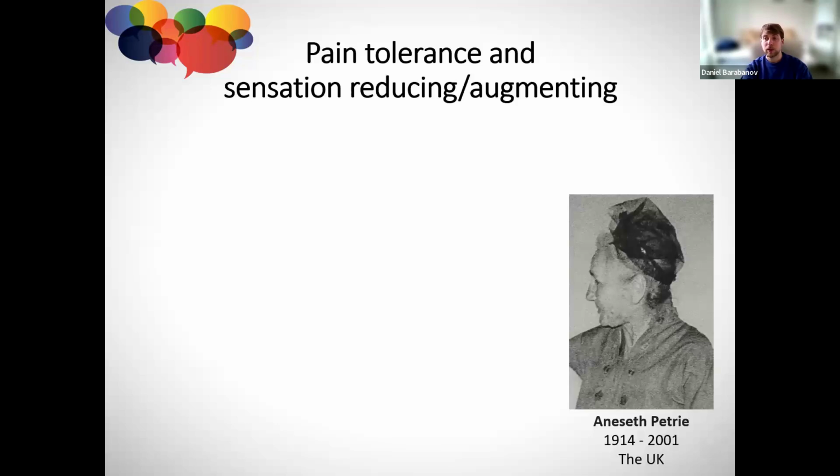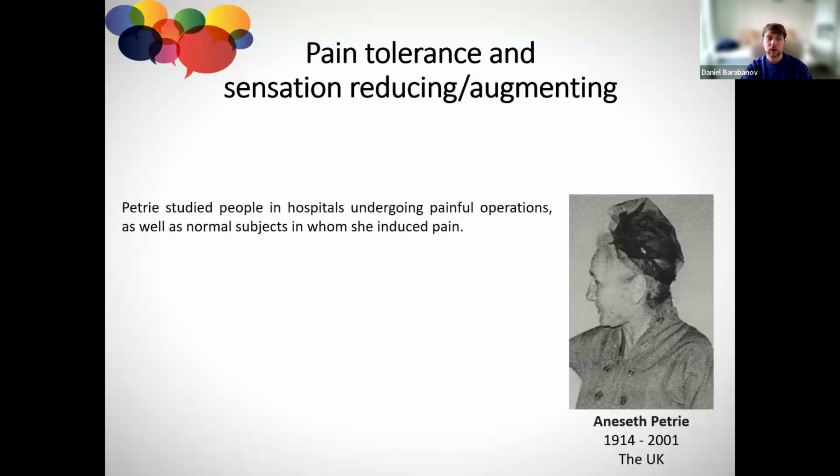Another interesting area of research was started by Asenath Petrie, and she studied pain tolerance and sensation reducing and augmenting. So she studied people in hospitals undergoing painful operations, as well as normal subjects with whom she just induced pain, right?